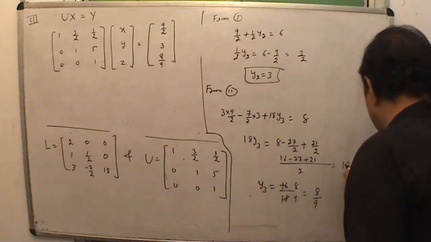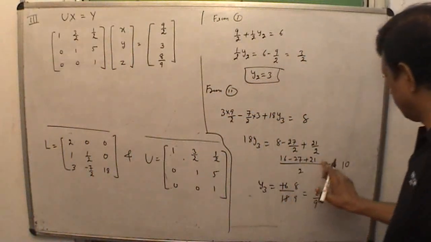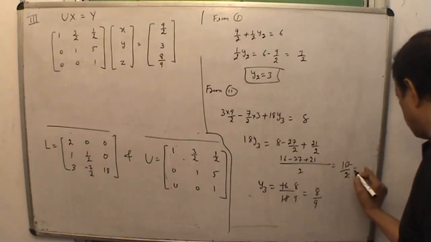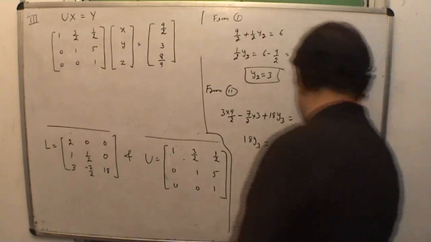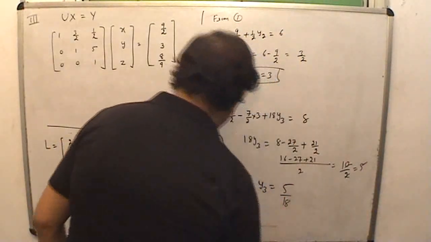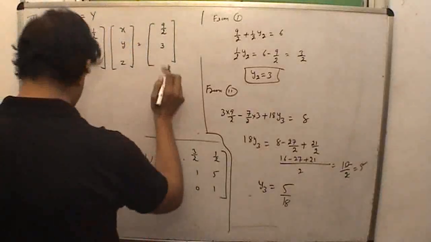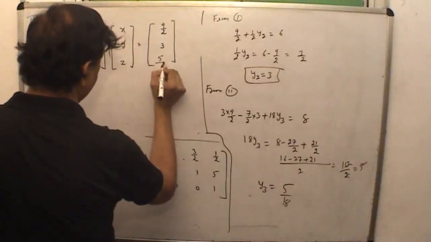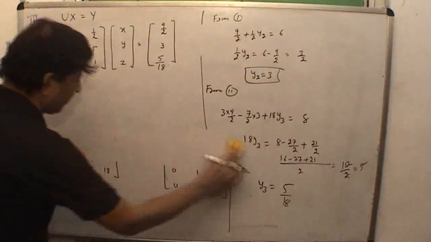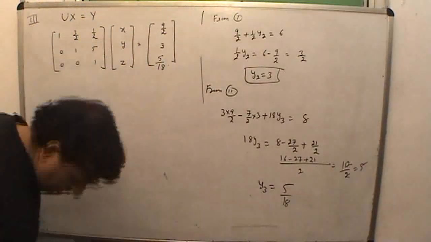Then we will have to make some correction. 10 divided by 2, that is equal to 5, and here y3 is equal to 5 by 18. So this is the final step. Third step, we can calculate it for x and y.